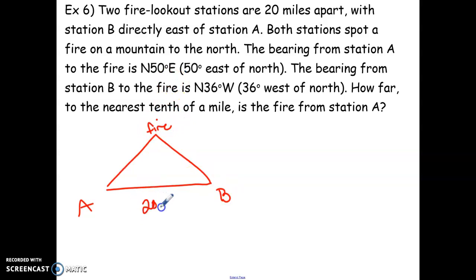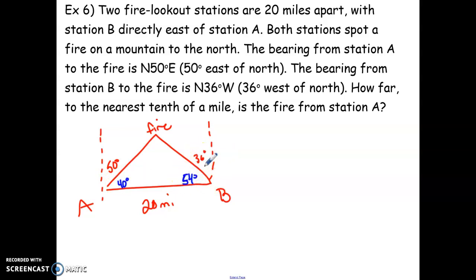These are 20 miles apart, with station B directly east of station A. The bearing from station A to the fire is actually here, so 50 degrees. And for B, it's here, which is 36 degrees. So before we can figure out the answer to the question, we need to figure out 90 minus 50 is 40, and 90 minus 36 is 54.